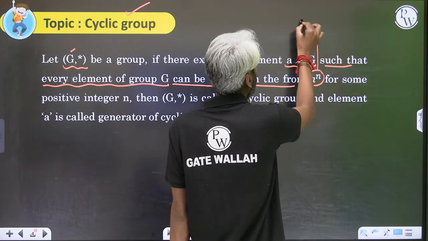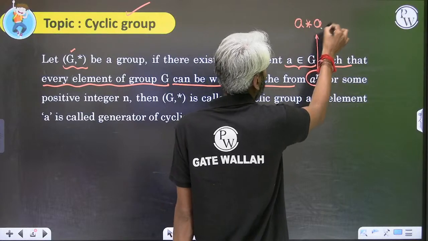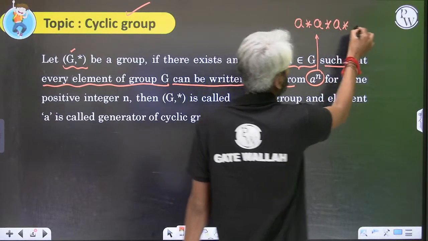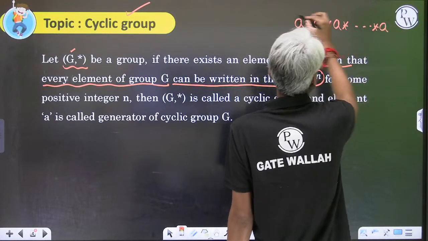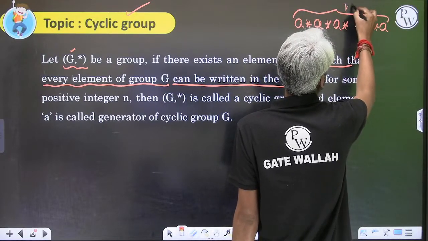Again, A raised power n is nothing but A asterisk A asterisk A asterisk A, n times.